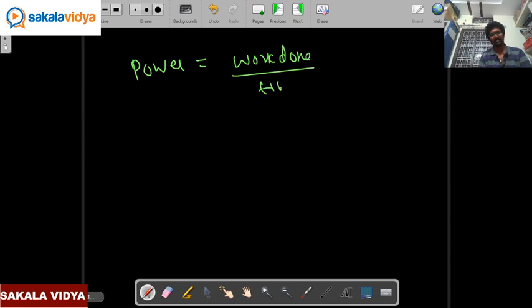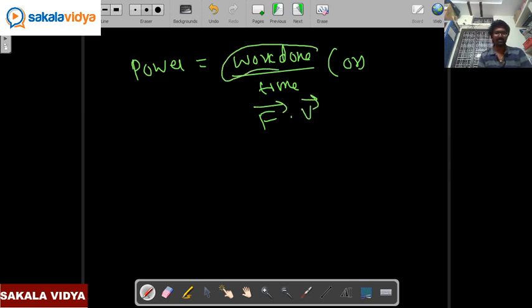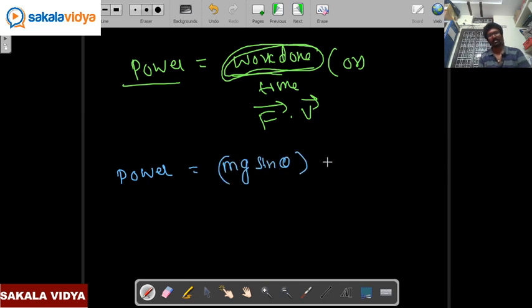So power is equal to work done by time, or it's a dot product of force into velocity. We know the work done for a block which is pulled from bottom to the top on a smooth inclined surface is mg sin theta, whereas here power is equal to mg sin theta into velocity.